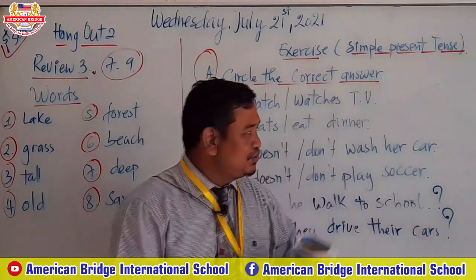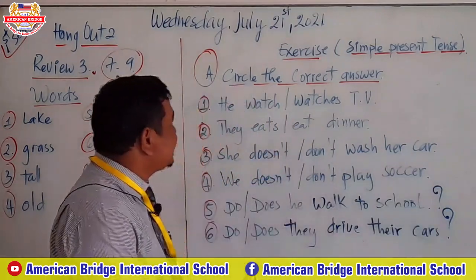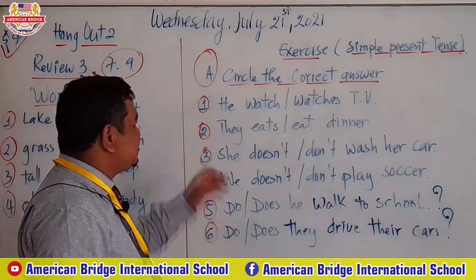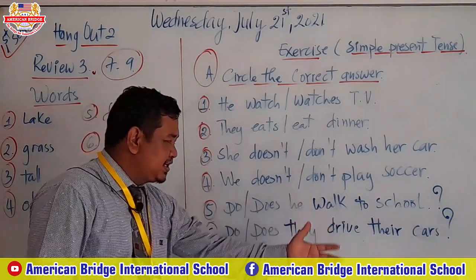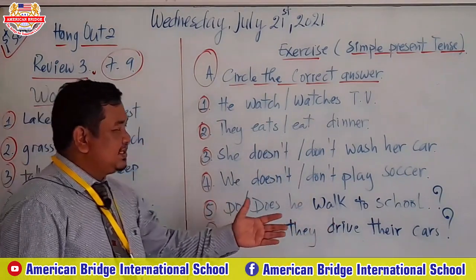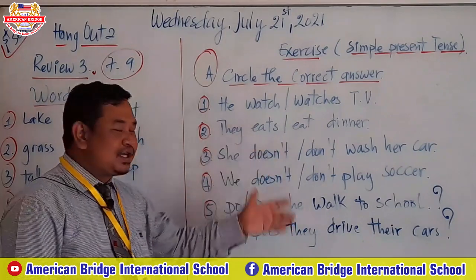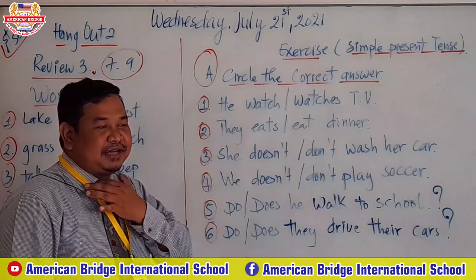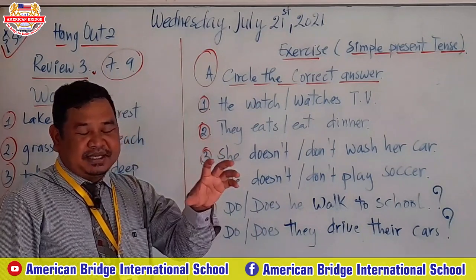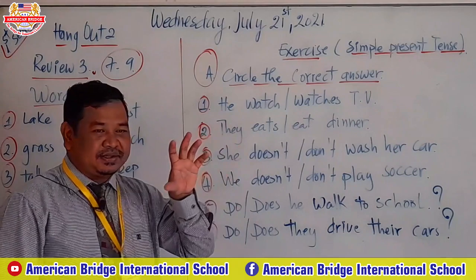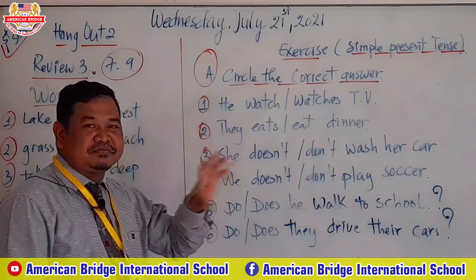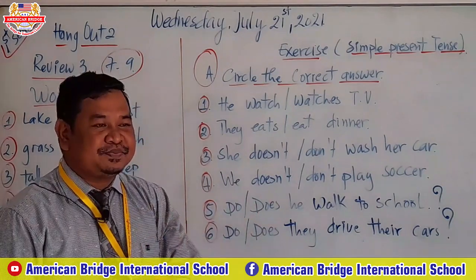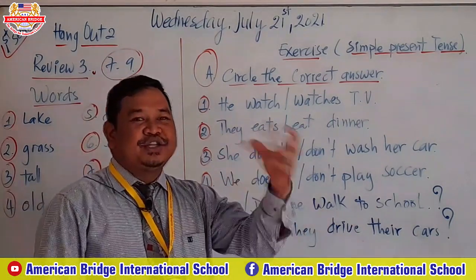Okay, so now move to this part. Exercises. Simple present tense. This one I just raised from Unit 7 and Unit 9 also. This one is about simple present tense, right? As you already know, the simple present tense is commonly used, which means you use it for things you do every day, because it is the activity or action or situation you do every day.